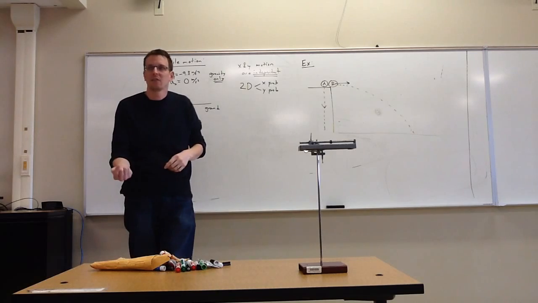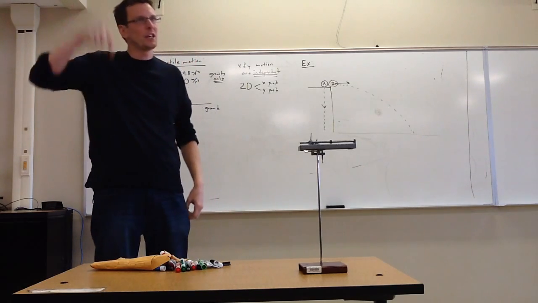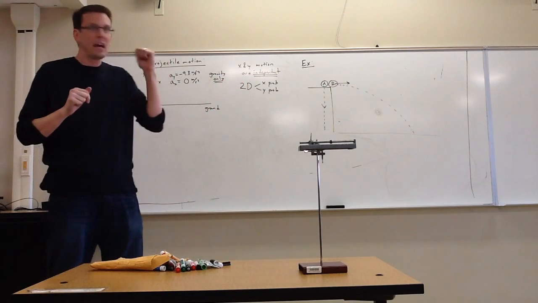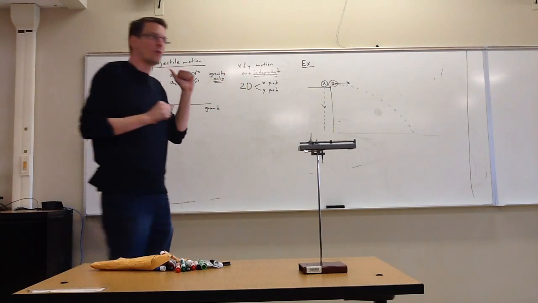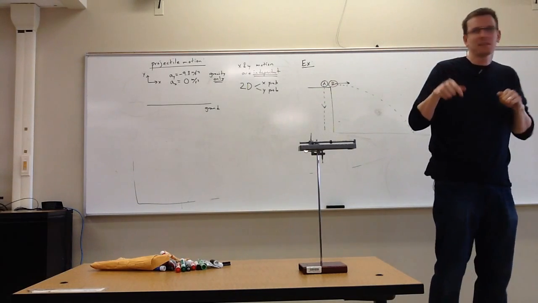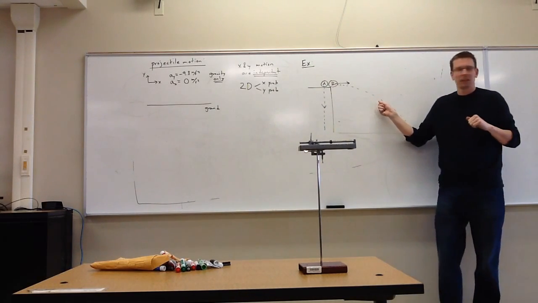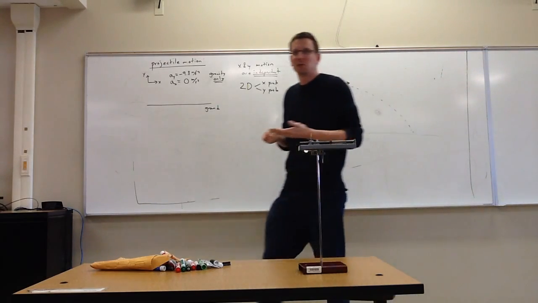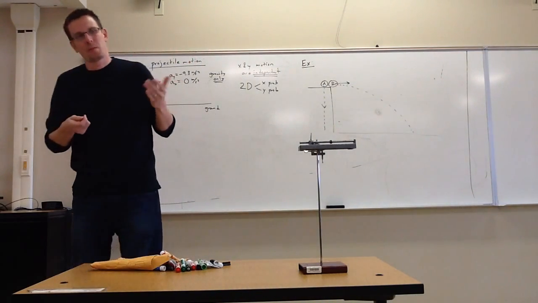It has no component vertically upward or downward. It has nothing going on vertically to start with, just like ball A. So hopefully this demonstration indicates that we really can take something seemingly complicated like this and decompose it into two simpler one-dimensional problems.